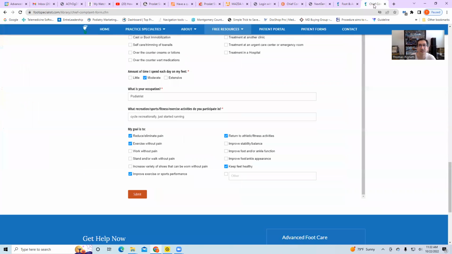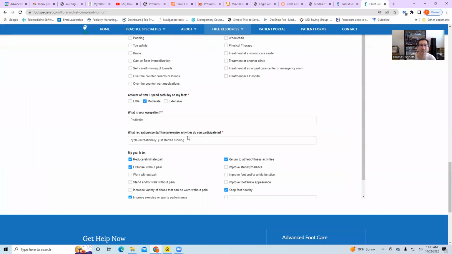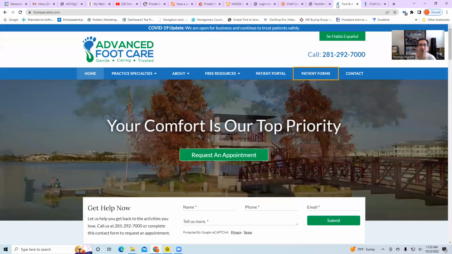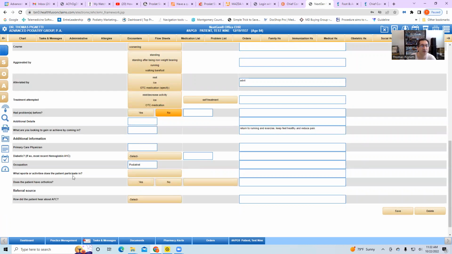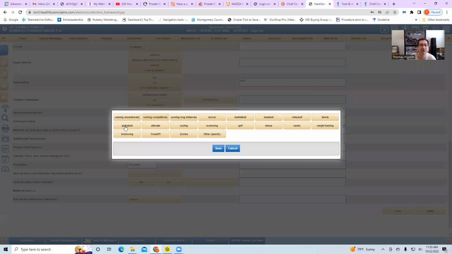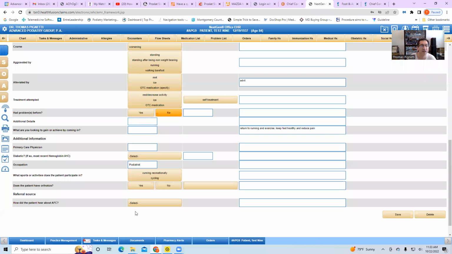The chief complaint form does say what recreation, sports. I cycle recreationally and just started running. So in here, you would put down running recreationally and cycling. Okay. Do they have orthotics? I'll say no.